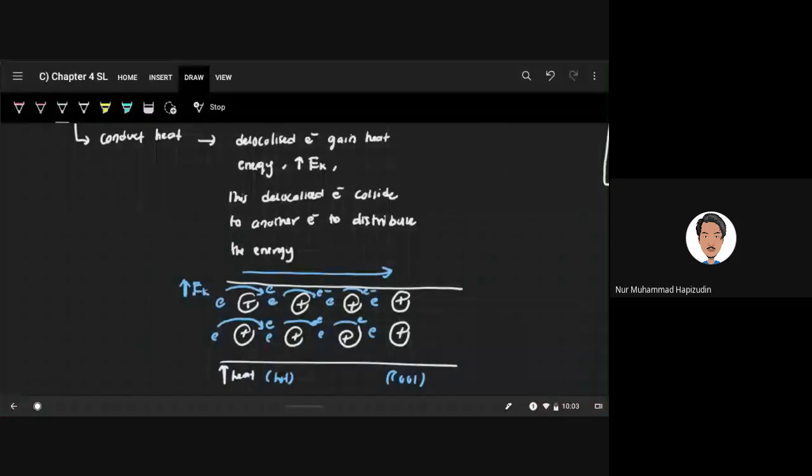Dia tak fix dalam valence electron. It always jumps from one atom to another atom. Kamu bayangkan elektron tu move macam pingpong lah. Dia terpantul-pantul from one atom to another atom. It is always moving. So this movement of electron carries electricity and can conduct heat.